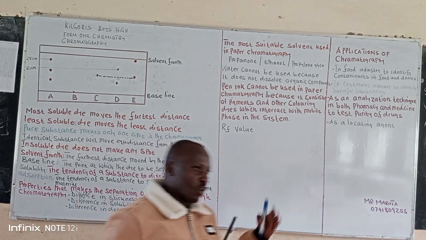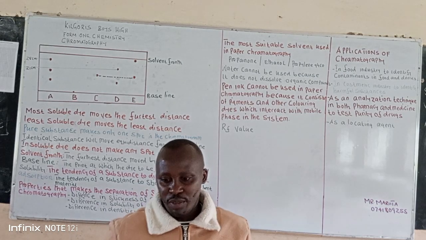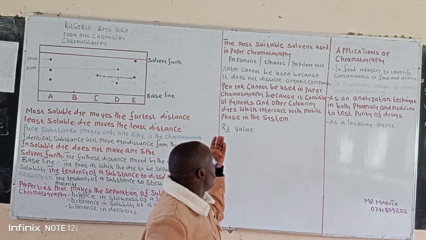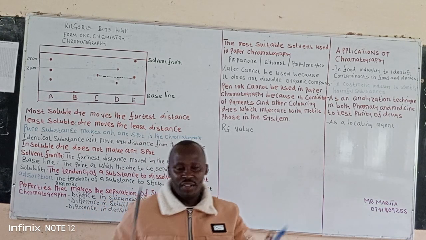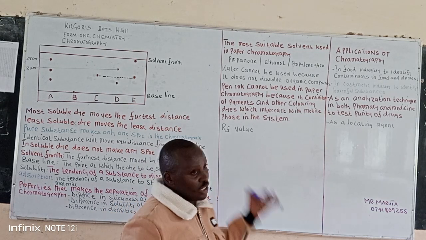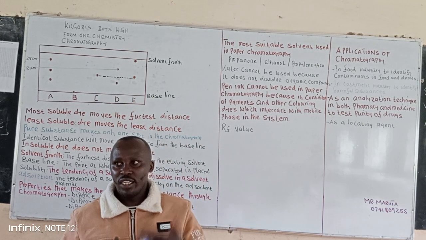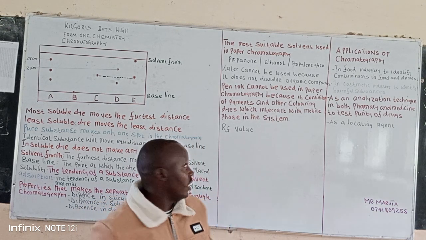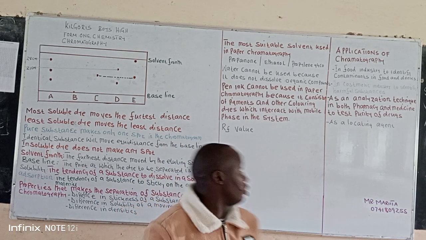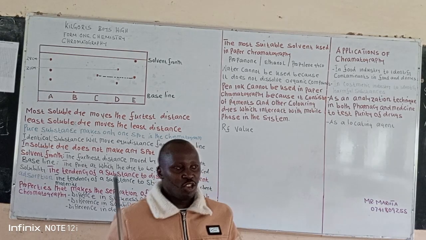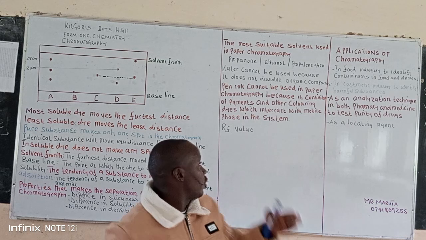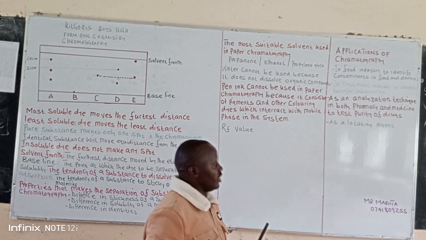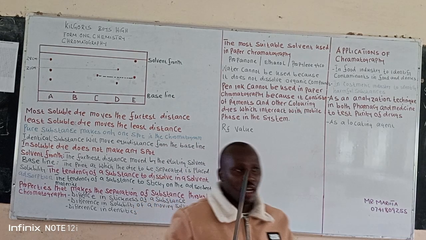Now, in this chromatography, we have the most suitable solvents, which are normally used. So, if you are required to identify or name the most suitable solvent used in chromatography, you can mention propanol, you can mention propylene glycol, which is also a solvent that can be used there, or you can talk about ethanol.